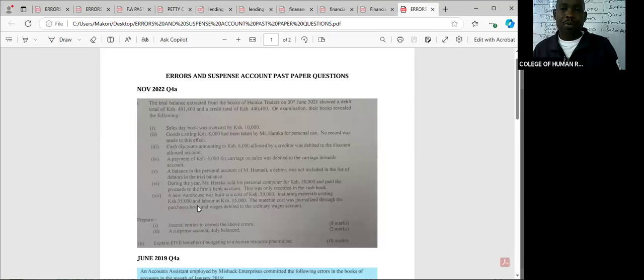And we know when we are dealing with a fixed asset, we don't involve purchases. If it was materials that were bought to be used in constructing the warehouse, we are supposed to debit the warehouse because it is meant to construct that warehouse.